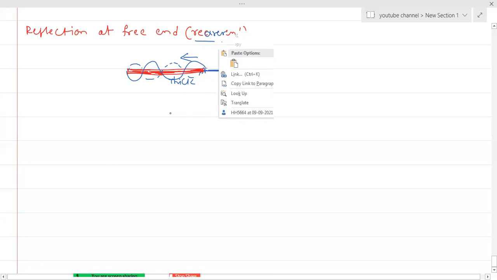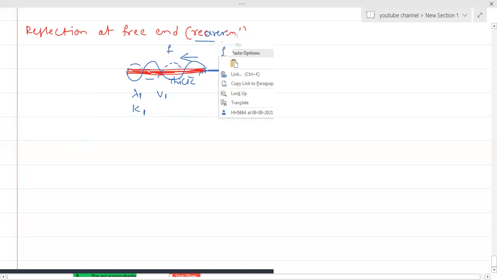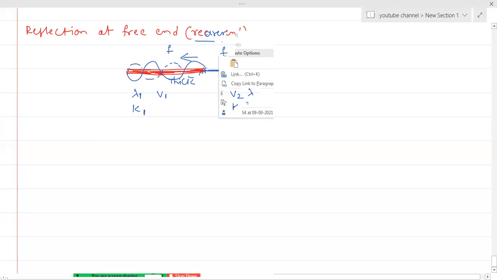So then what happens? Let us understand. Suppose the wavelength is lambda1, the wave propagation constant is k, and the velocity is v1. We know that the frequency always remains constant in the case of reflection or transmission; we already studied that. As the medium changes from thick to thin, automatically the velocity changes, as well as the wave propagation constant, and the wavelength also changes.